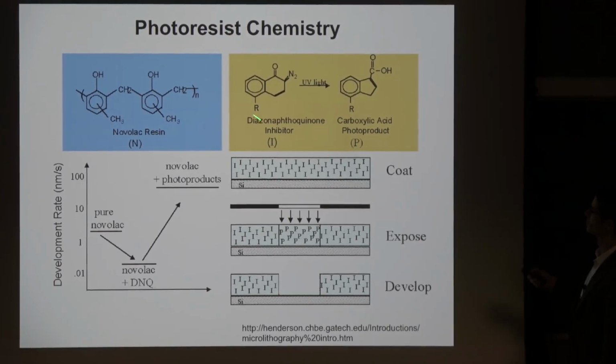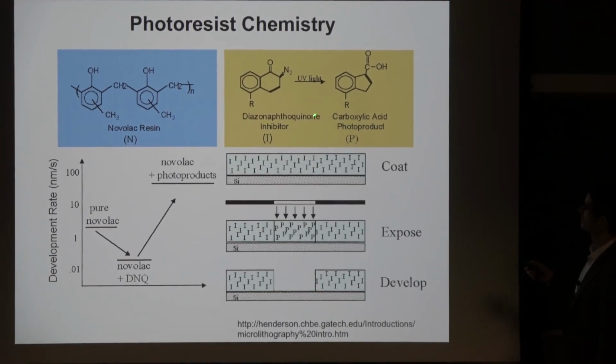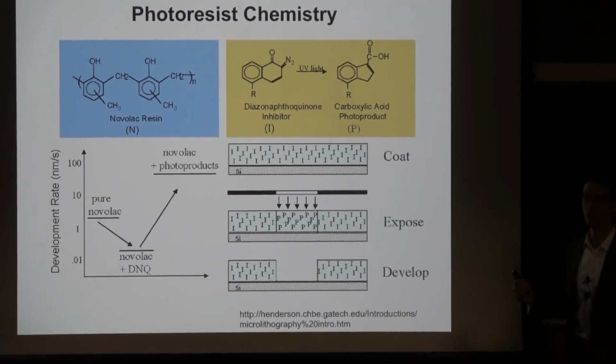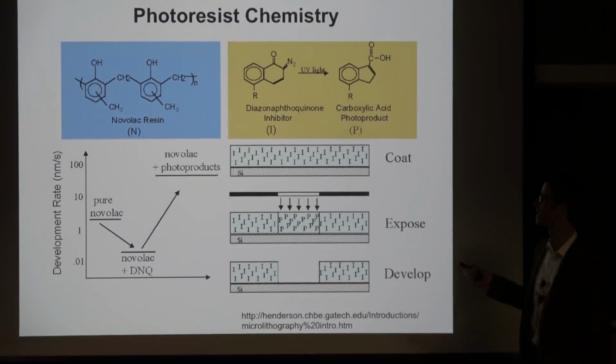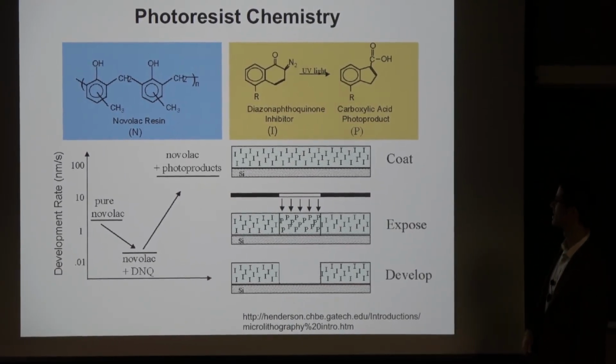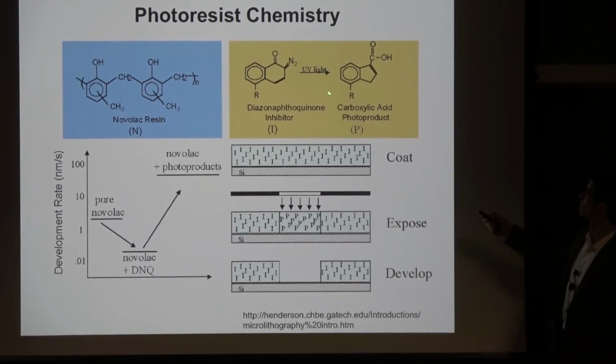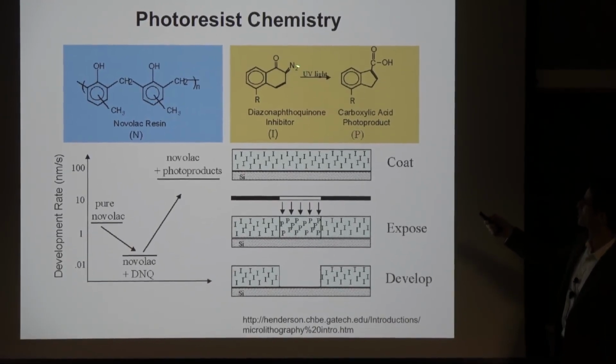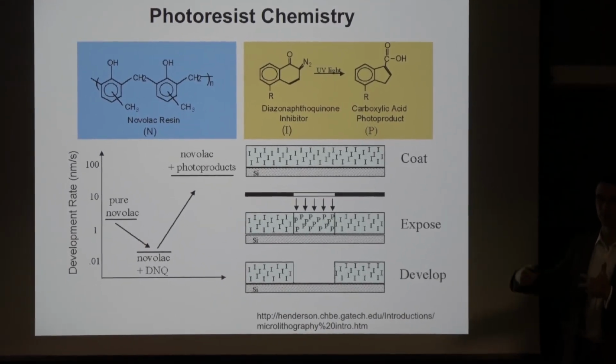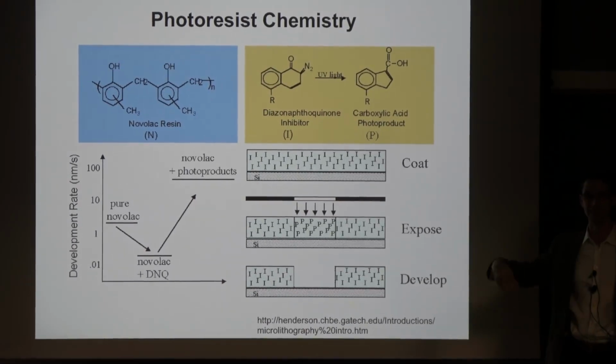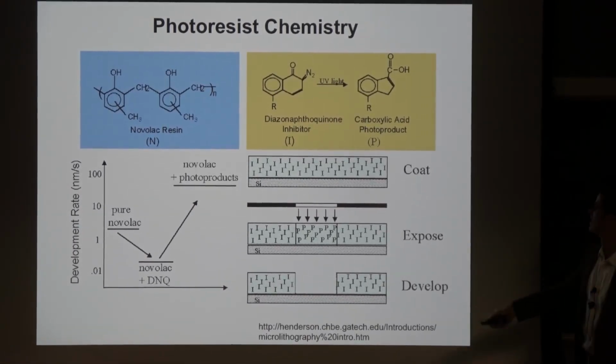What it has is a dissolution inhibitor. The dissolution inhibitor is called diazonaphthoquinone, or DNQ. So these are called DNQ Novolac style photoresists. And when you irradiate this, this nitrogen group here really wants to leave. It really wants to become free and be nitrogen and increase its entropy.